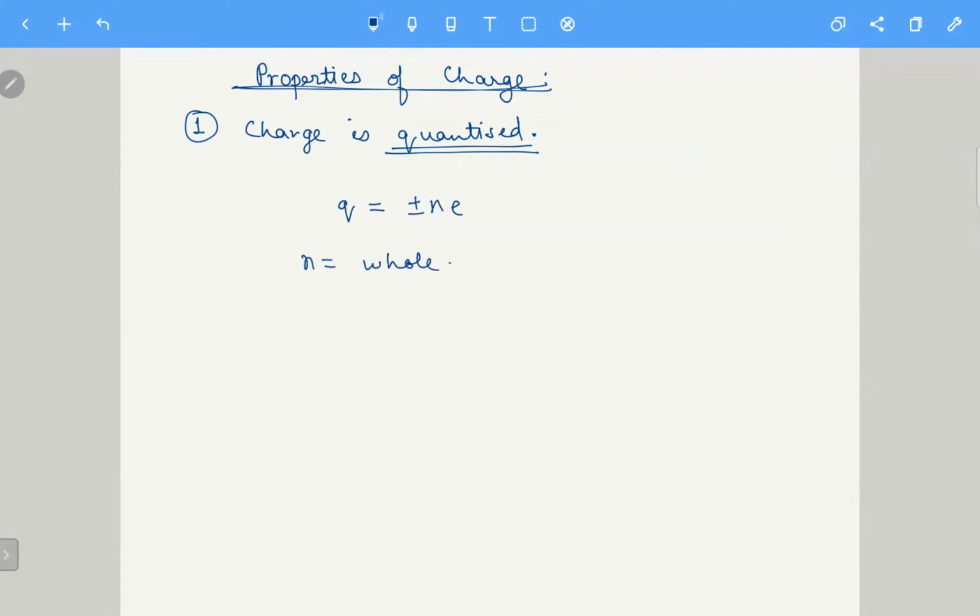N is a whole number, E is the magnitude of charge on one electron.